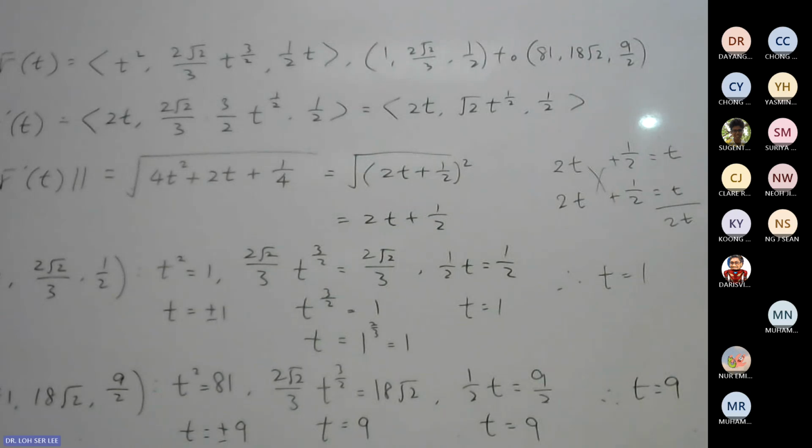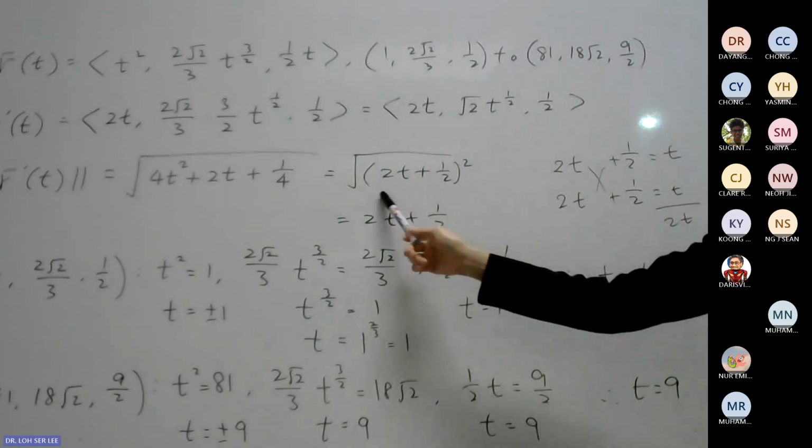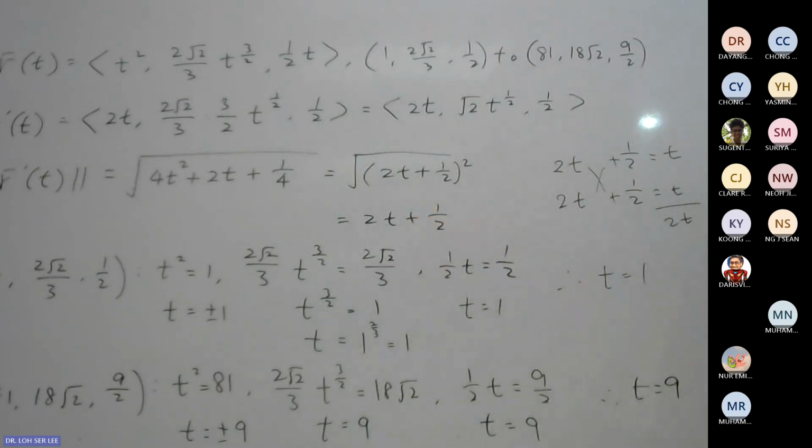Okay, so the starting point is 1, ending point is 9, and we can proceed to integrate this from 1 to 9 respectively.